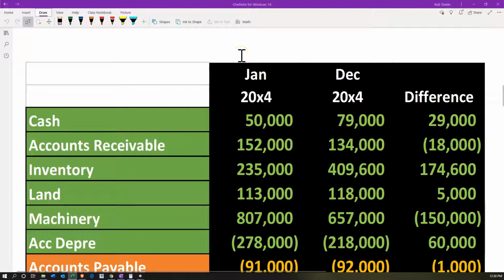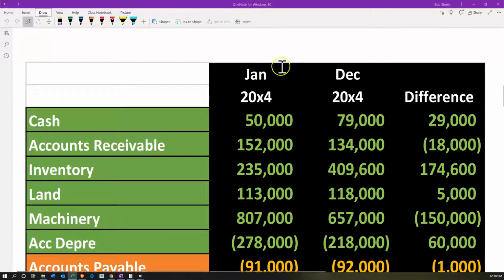Here we have the information for the trial balances for the end of the prior year, or the beginning of the current year, that we're doing our statement of cash flows for, and then the current year. In the prior year, I would set them up this way, as we've done in prior practice problems, basically taking the balance sheet or trial balance and putting it back into a debit and credit format.